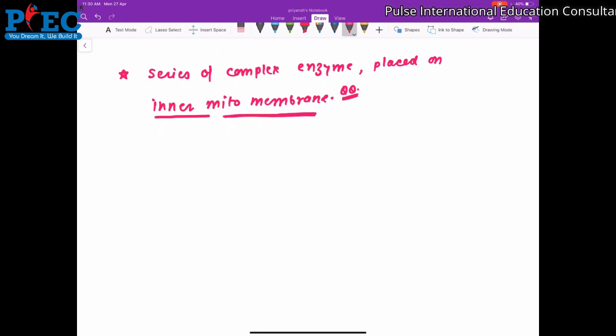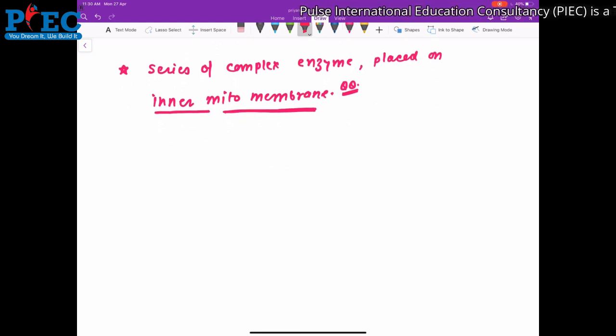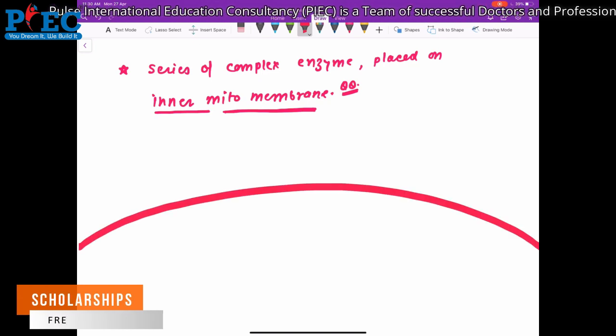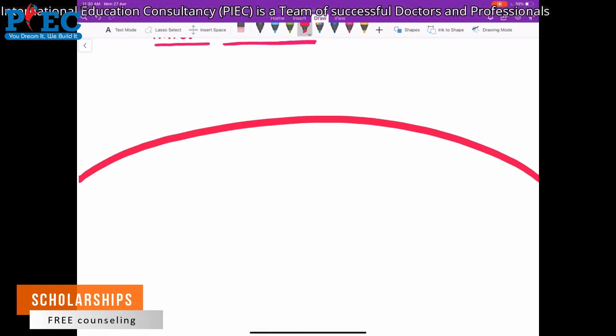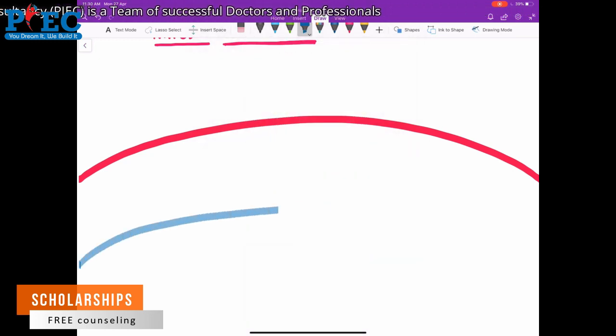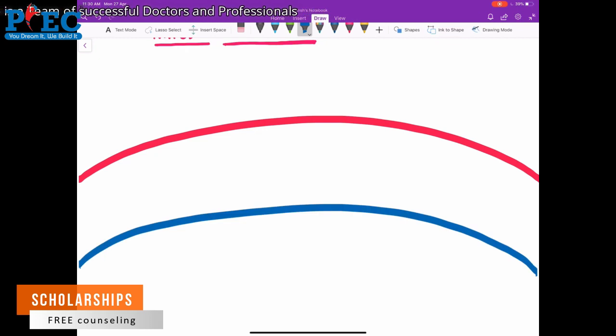The mitochondria has two membranes. For example, let's say this is the outer membrane, and the blue one I'm making is the inner mitochondrial membrane. This is the outer mitochondrial membrane and this is the inner mitochondrial membrane.